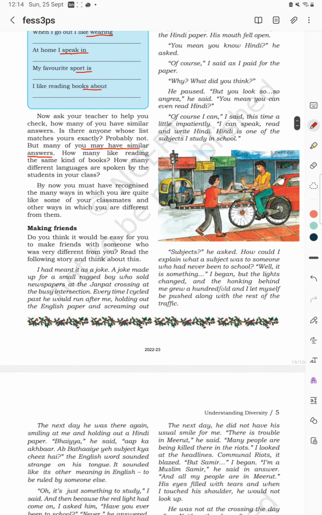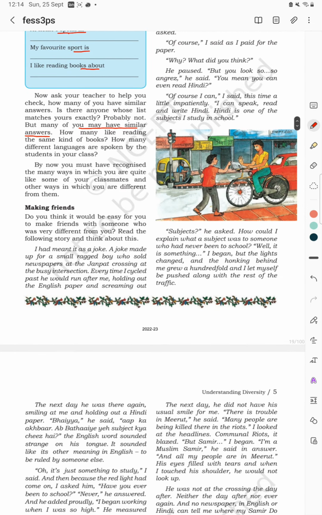Now, making friends, this is one story. We'll quickly read about this story and then we'll try to interpret from the story about diversity. We will come to know how people are different from each other.